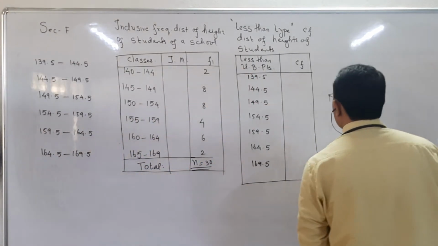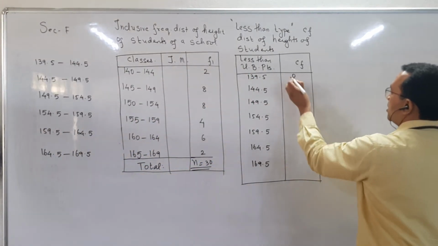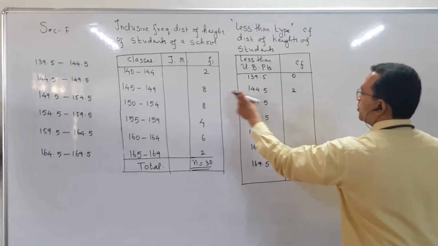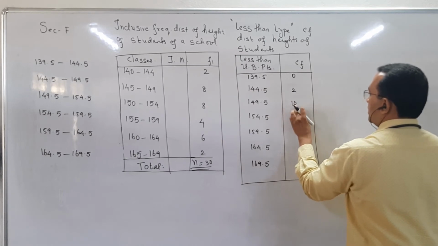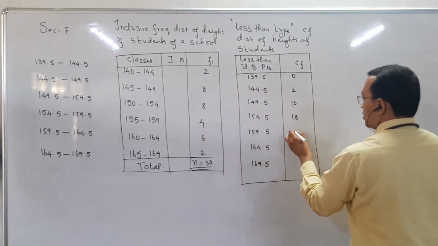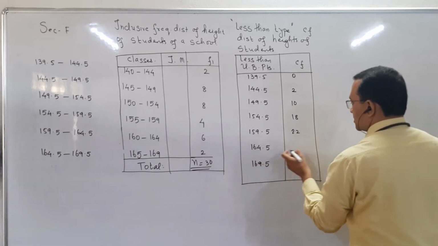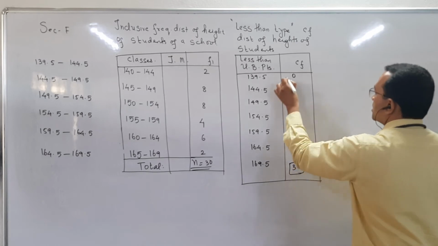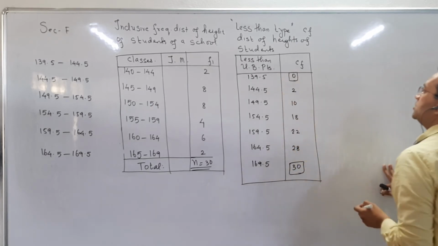There are no values for less than 139.5. Now go on adding: 0 plus 2, 2; 2 plus 8, 10; 10 plus 8, 18; 18 plus 4, 22; plus 6, 28; plus 2, 30. We end at maximum and we start with 0.